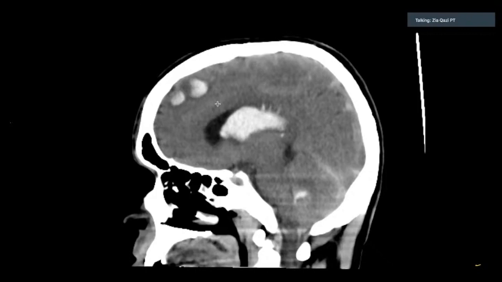Below the arachnoid, in the subarachnoid space, is subarachnoid hemorrhage. Then above the dura is extradural. Extradural is basically between the skull, the periosteal layer, and the meningeal layers or the dura mater.